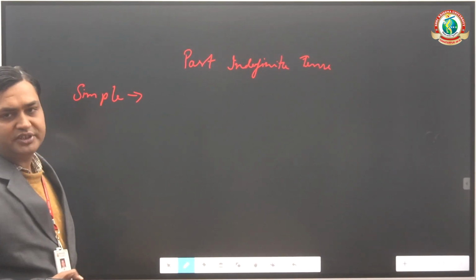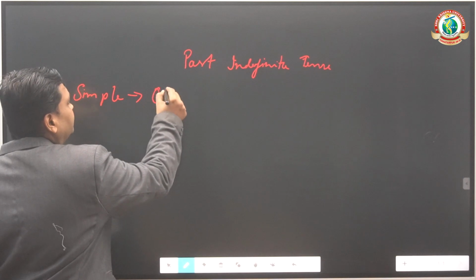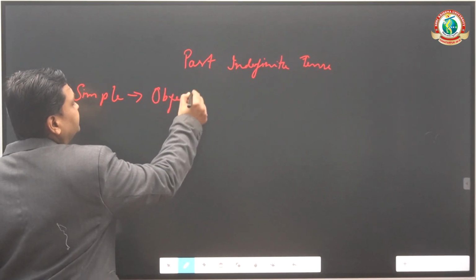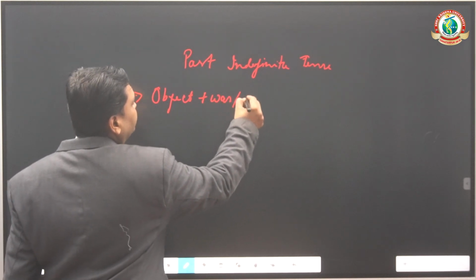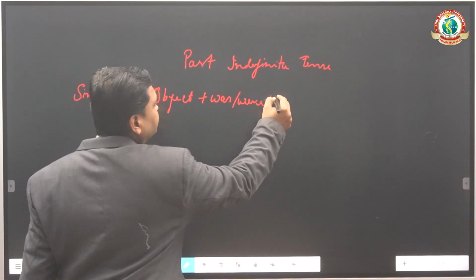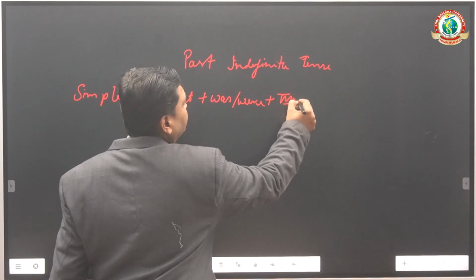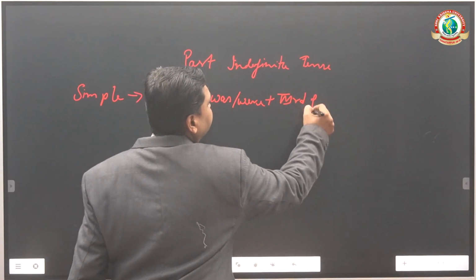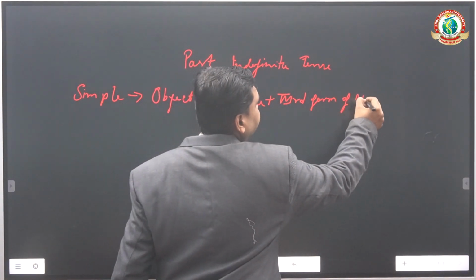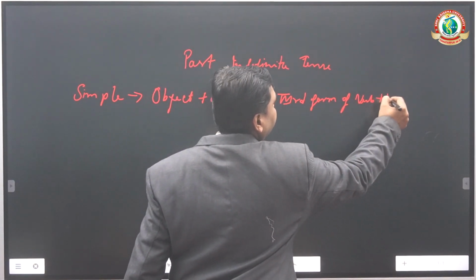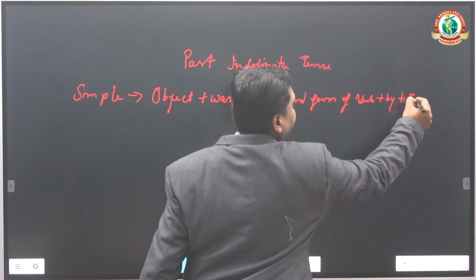So the structure will be: object plus was or were plus third form of verb plus by plus subject.